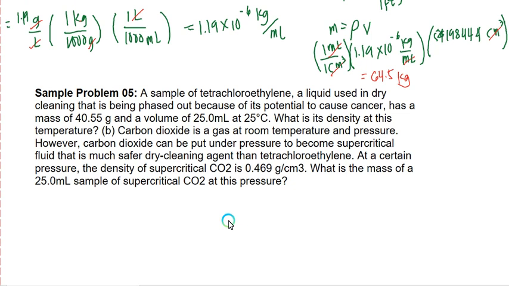However, carbon dioxide can be put under pressure to become a supercritical fluid that is much safer dry cleaning agent than tetrachloroethylene. At a certain pressure, the density of supercritical CO2 is 0.469 gram per cm cube. What is the mass of 25 ml sample of supercritical carbon dioxide at this pressure?